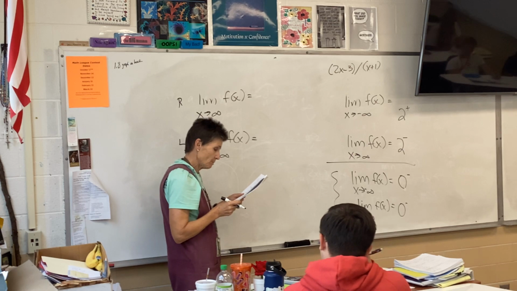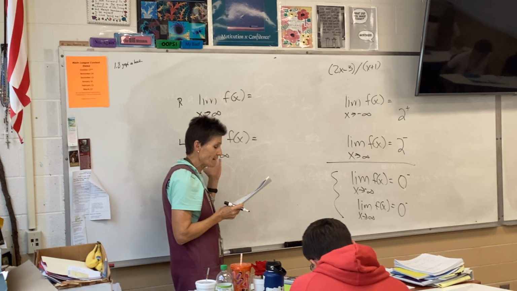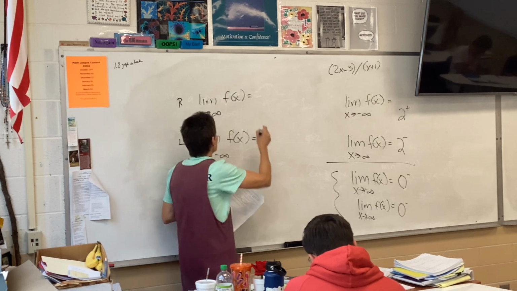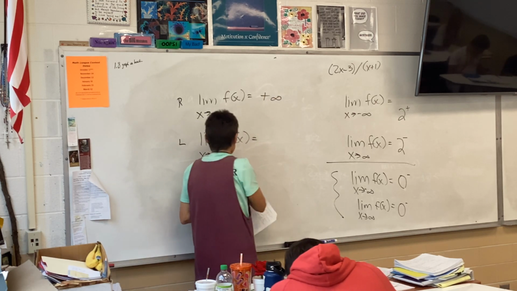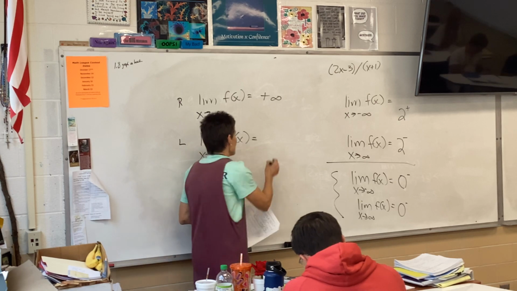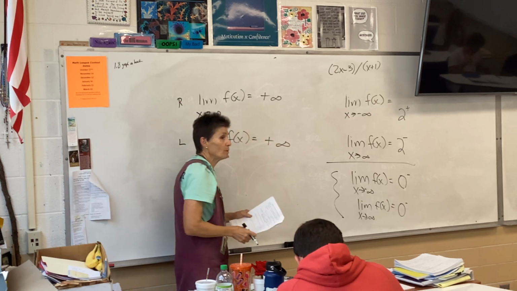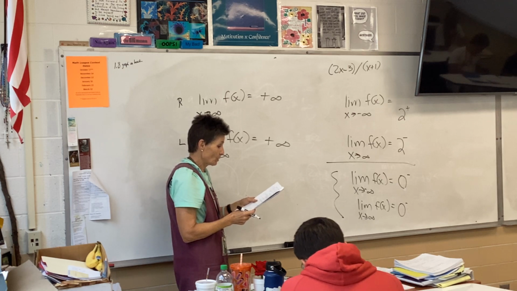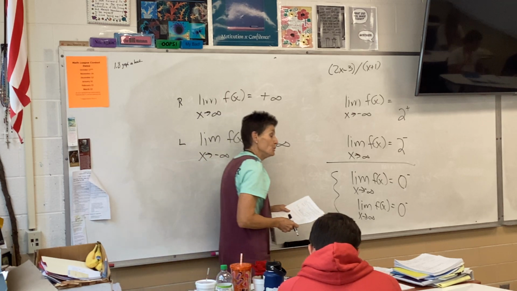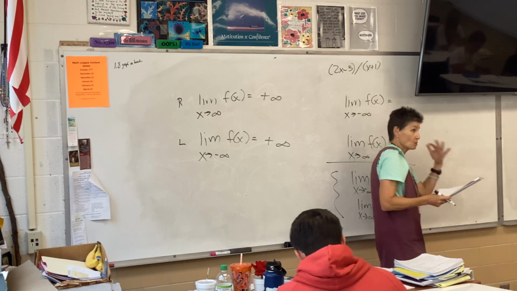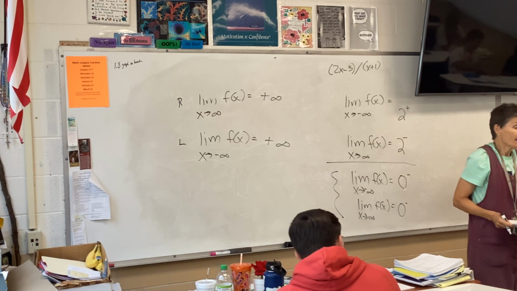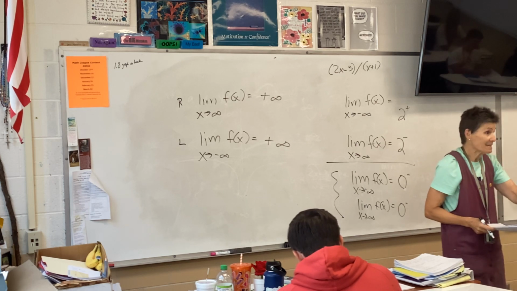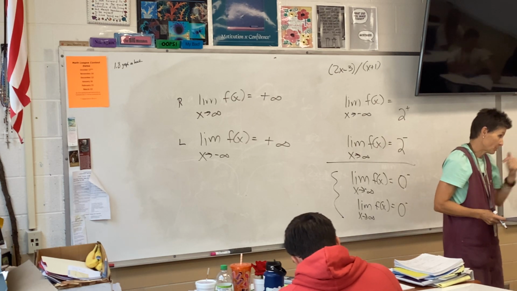So look at your picture, that's easy. What happens on the right side? Positive infinity. What happens on the left side? Positive infinity. Okay, we must have an even degree polynomial, right? So is it possible for it to have a degree of 5? No. Because why? The end behavior matches, which means it must be even degree.